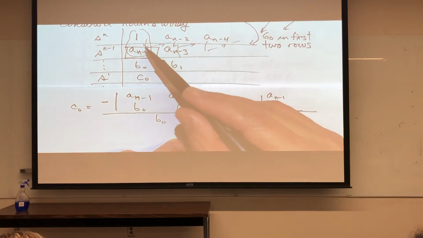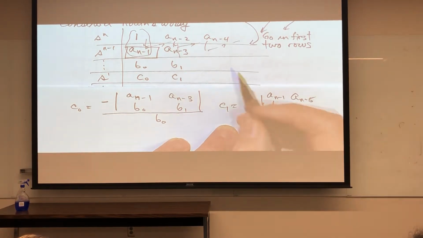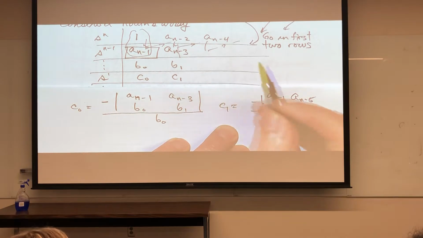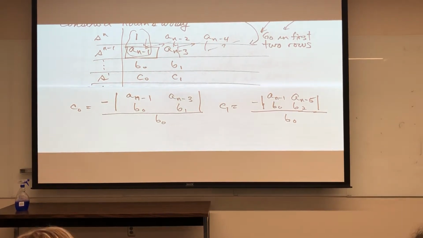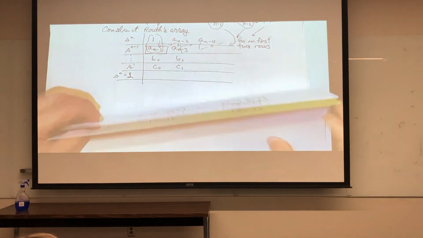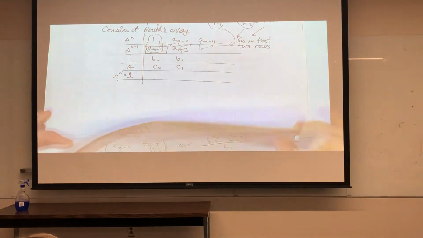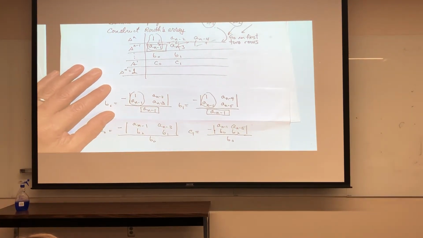This one is going to be an minus 5, and this one is going to be b2. And then we're going to divide by b0 again. Okay, let me zoom out a little bit so we can see if we can get everything all on one screen, maybe. That's constructing Routh's array.